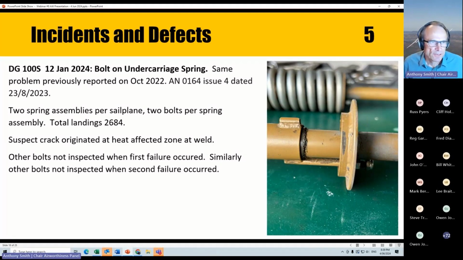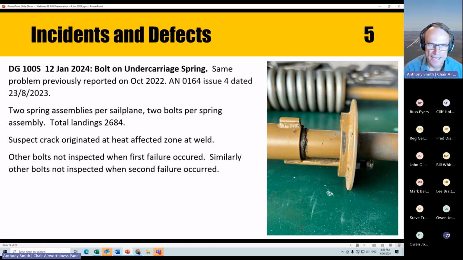That should be a DG1000S, not a DG100S. This was in January this year. Now, this is the same aircraft that had an identical problem back in October 2022, where they found one of the bolts in one of the undercarriage springs had snapped and had fallen clear of the aircraft.